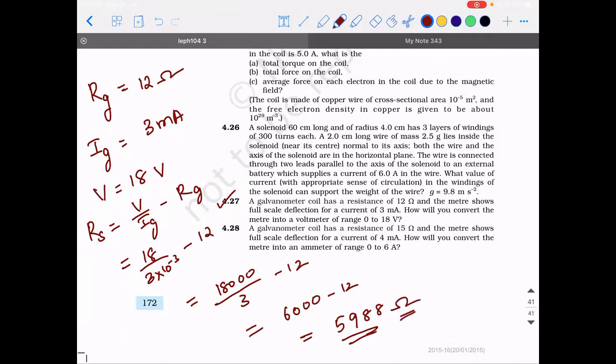So you need to connect 5,988 ohm in series with the already existing galvanometer. Clear? Yes, sir. Good.